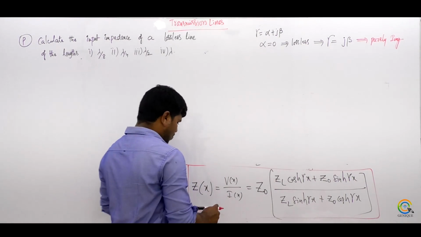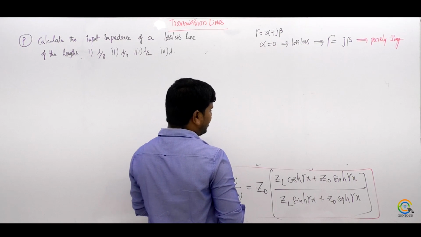Now observe this. What is Z of x for a lossless line?